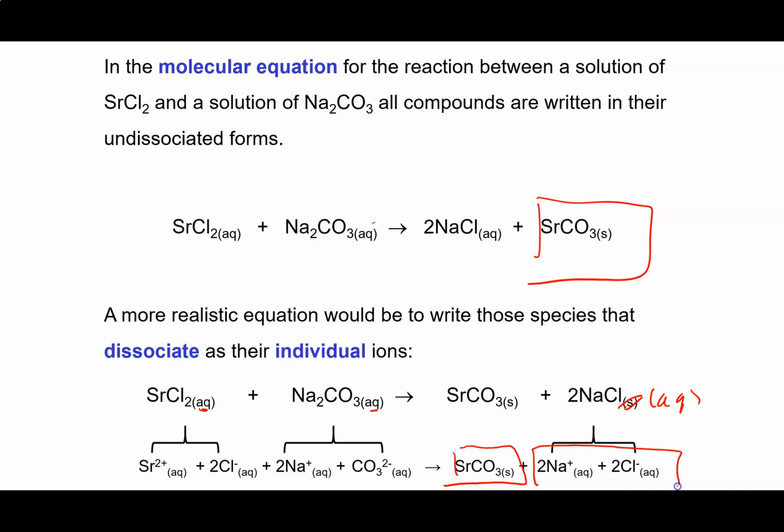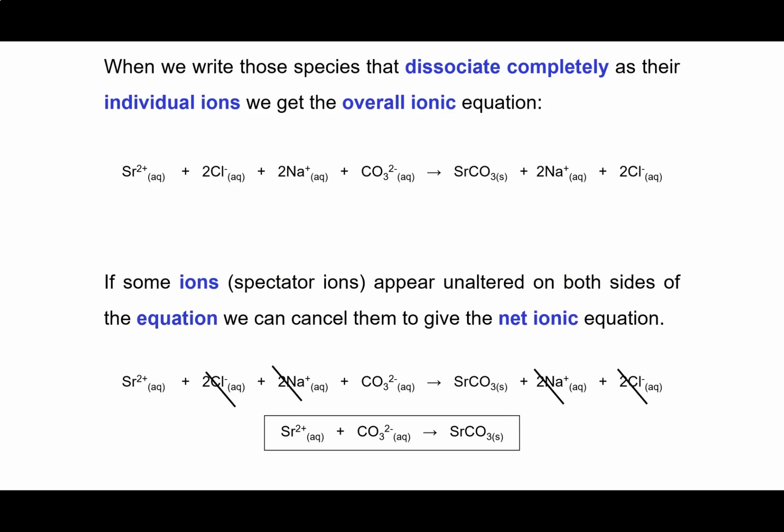All right, so when we do this, we get an expression that is often referred to as the complete or total ionic equation. Sometimes it's called the overall ionic equation as well, but you understand what they're talking about. It's the complete, the total, the overall ionic equation.